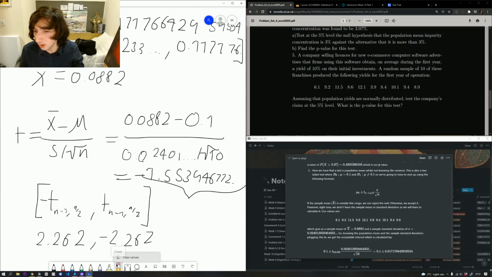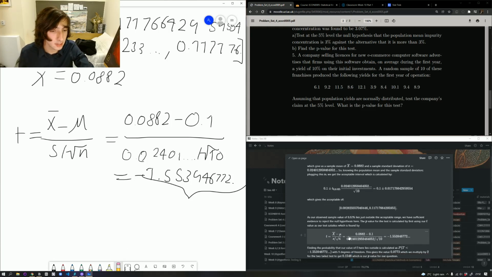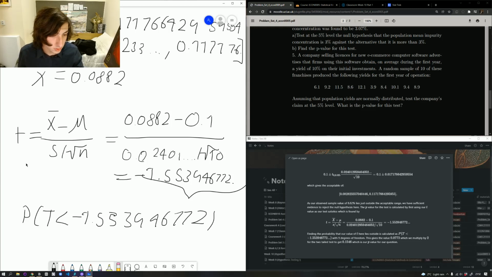Well, you use the test statistic you just used, and we want to figure out the chance that we get something smaller or larger than that test statistic. So we're going to do that. The probability that t is less than negative 1.553. Now, given that this is two-tailed, you're going to have to multiply this value by 2 afterwards.